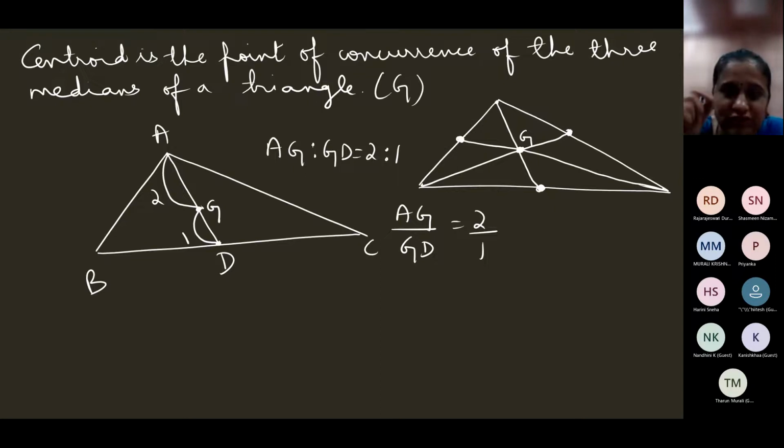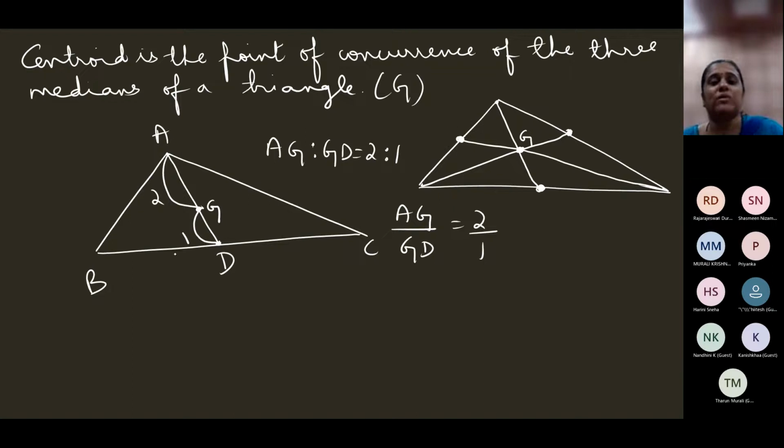Median is a line segment, and the point G lies on AD. That ratio is fixed, it's 2:1. However big or small the triangle is, irrespective of its size, the centroid divides each median in the ratio 2:1.